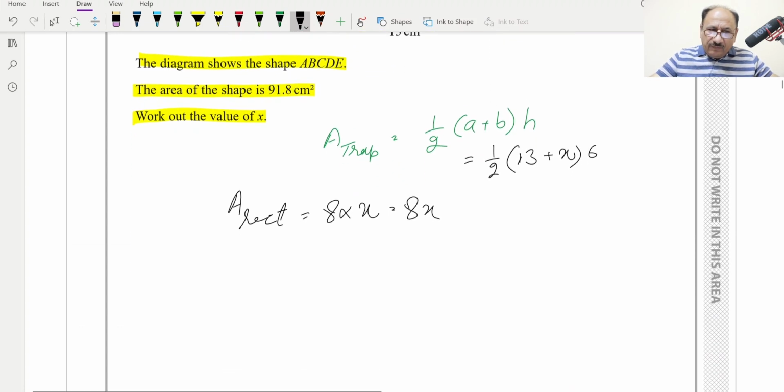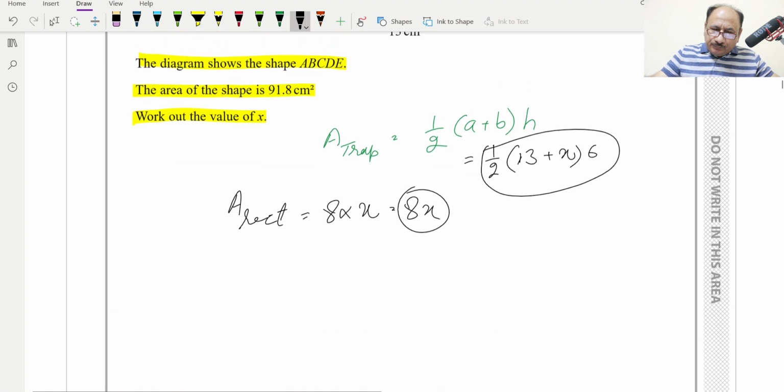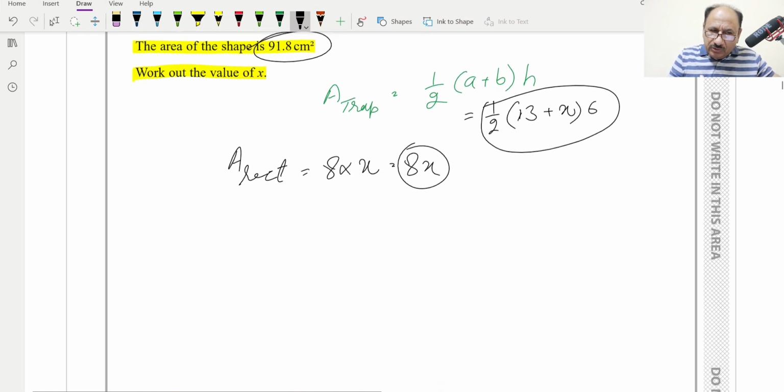So we will have to add these two areas, the area of the rectangle and the area of the trapezium, and this will be equal to 91.8, which is provided. So we will write the equation. This will be 8x plus 1 by 2 into 13 plus x multiplied by 6 is equal to 91.8 centimeters square.